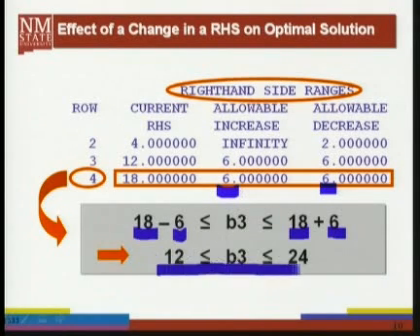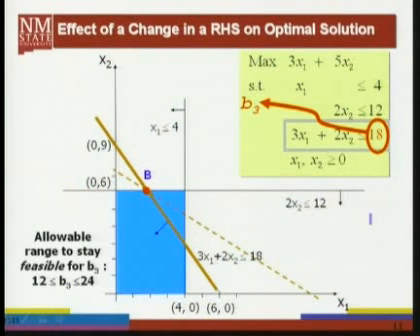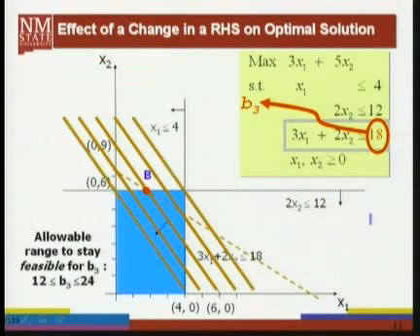So within these ranges, the optimal solution remains feasible and the binding constraints remain the same. Of course, we assume no changes occur in the other right-hand side values, okay? And last time we showed that the right-hand side value of the third constraint can vary within these ranges while the current optimal solution remains feasible.